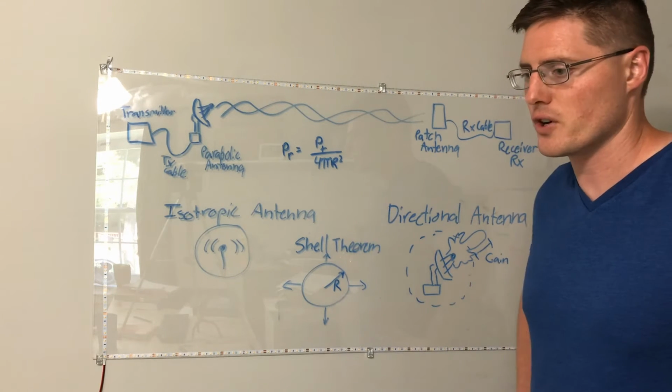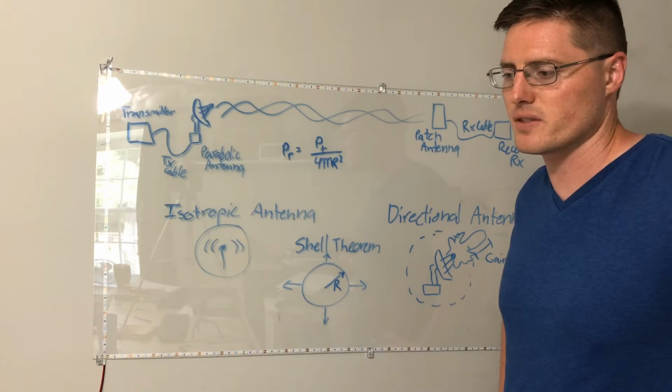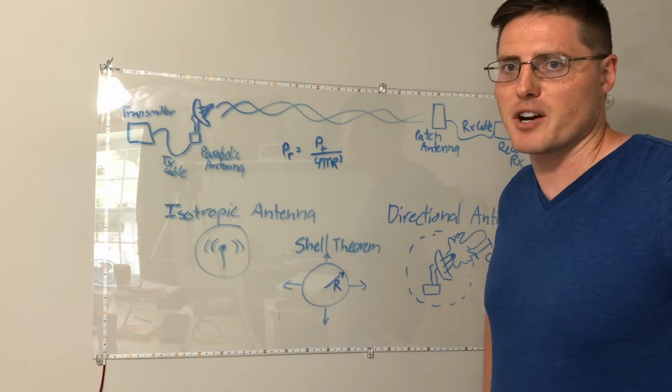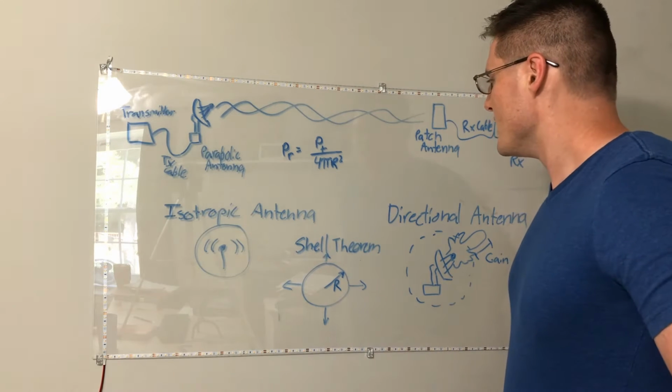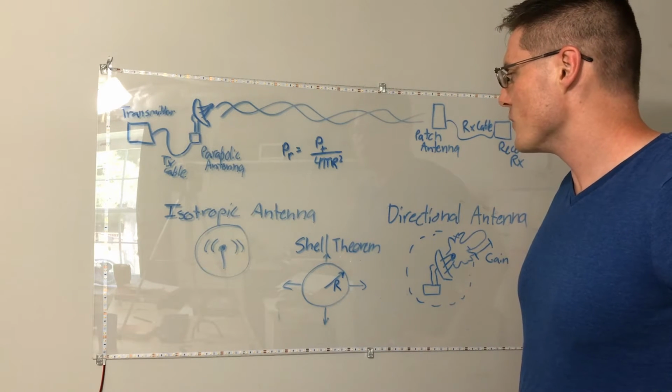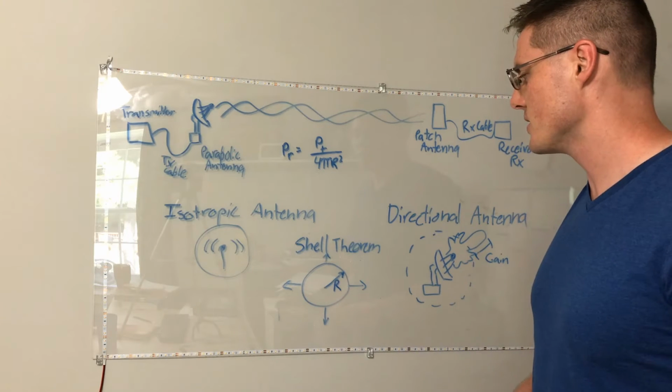The area of a sphere is 4 pi r squared. And so you have to take that into consideration.